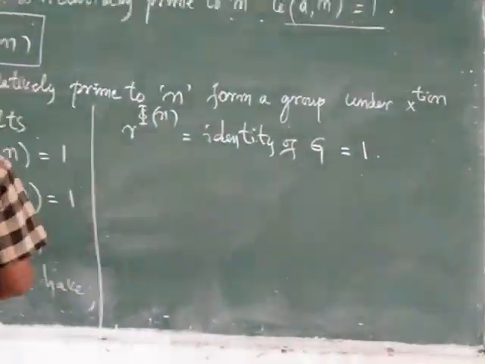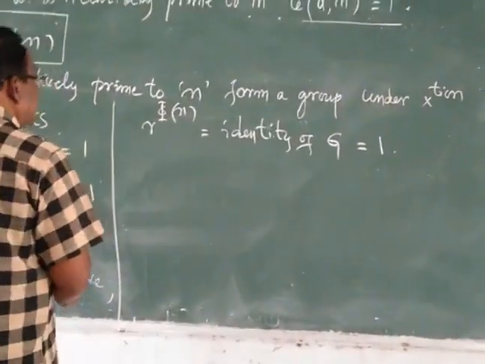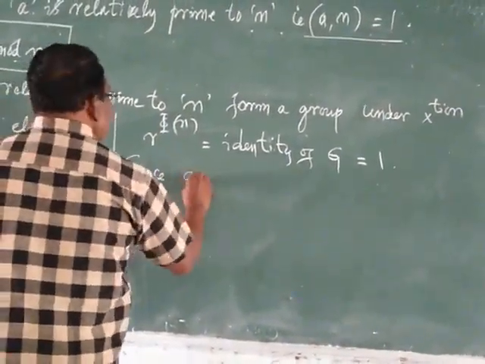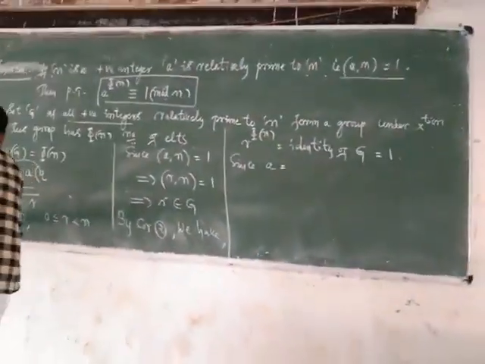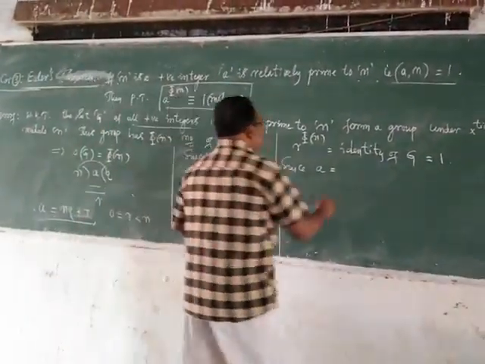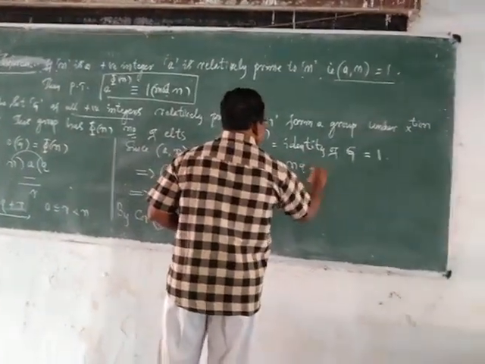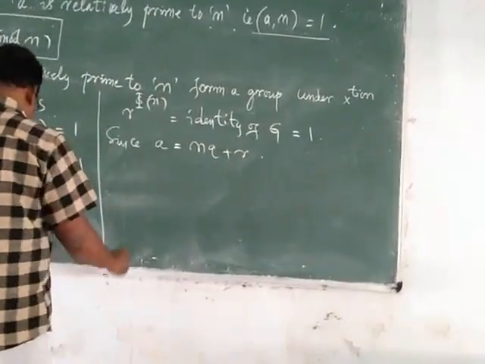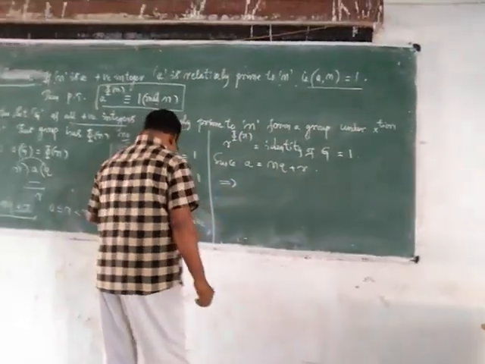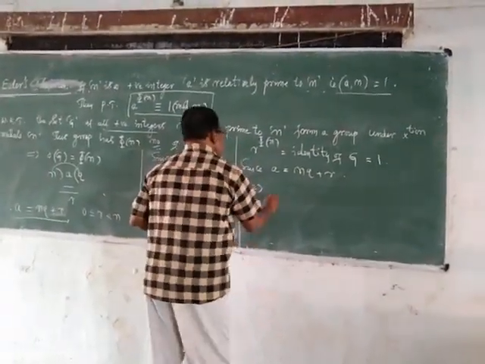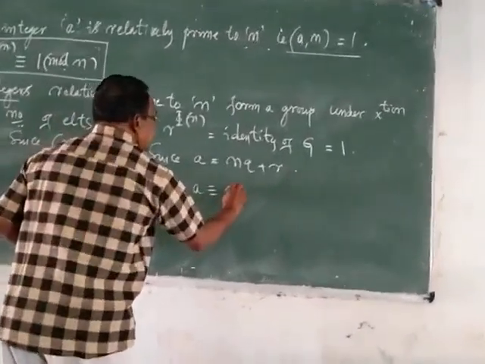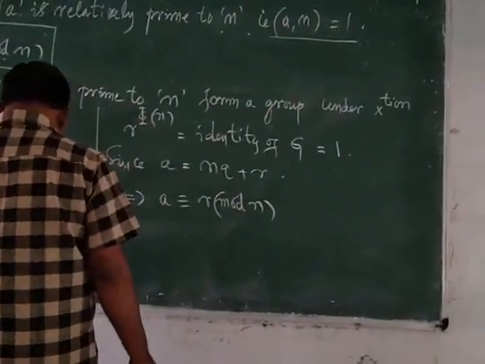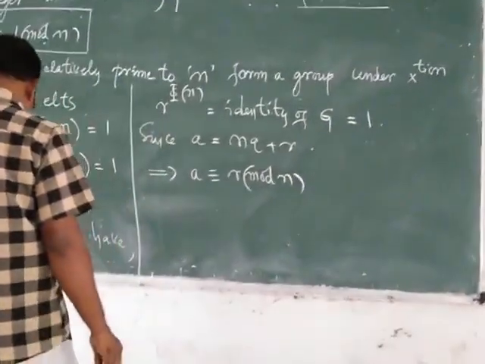Since A = nQ + R, this implies that A is congruent to R modulo n.